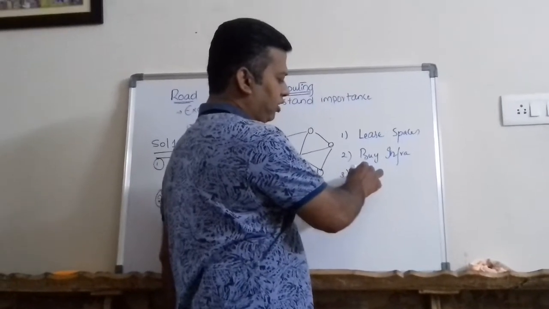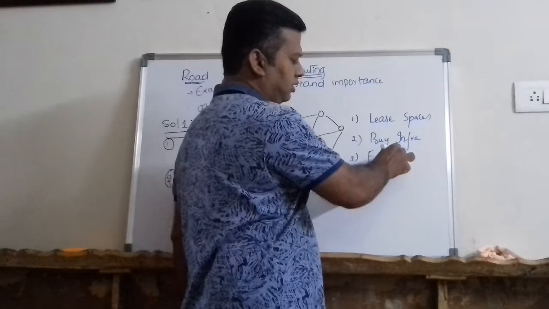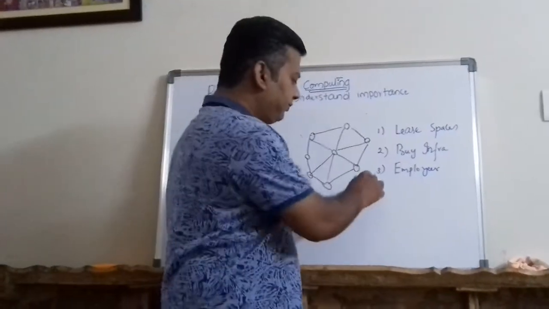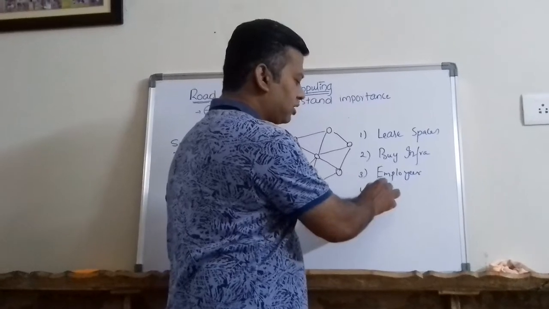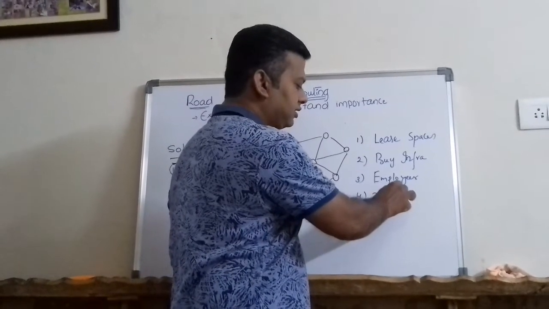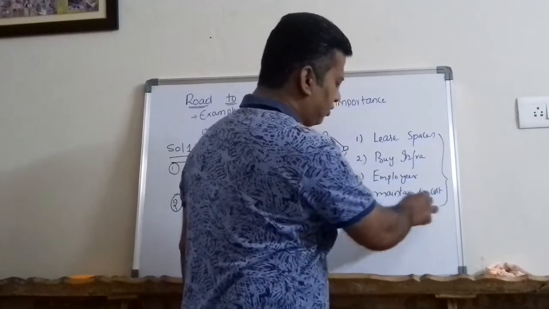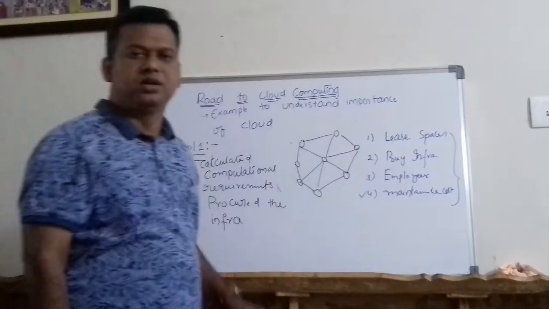You need some employees because you have around 30-40 computers connected in a network. You need employees, and maintenance cost will be there, rent, ACs, etc. These are the 4 important points.